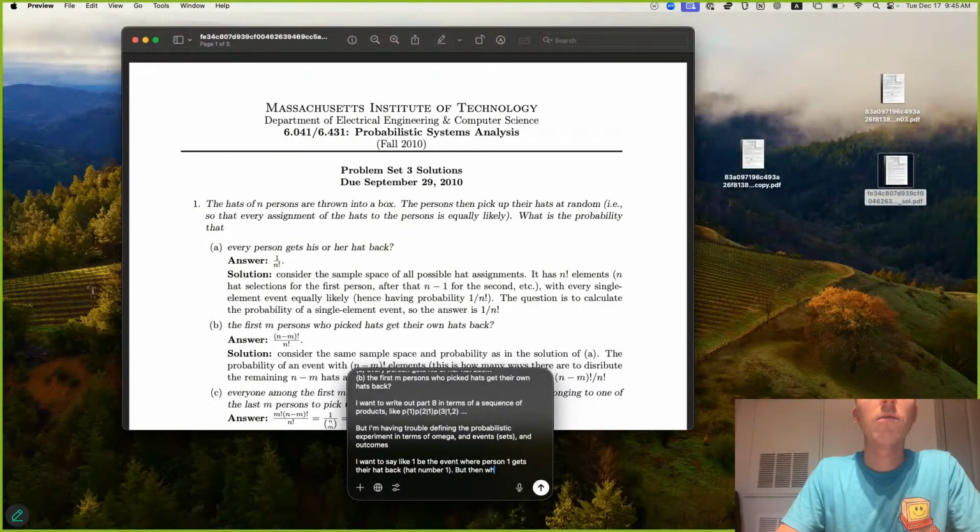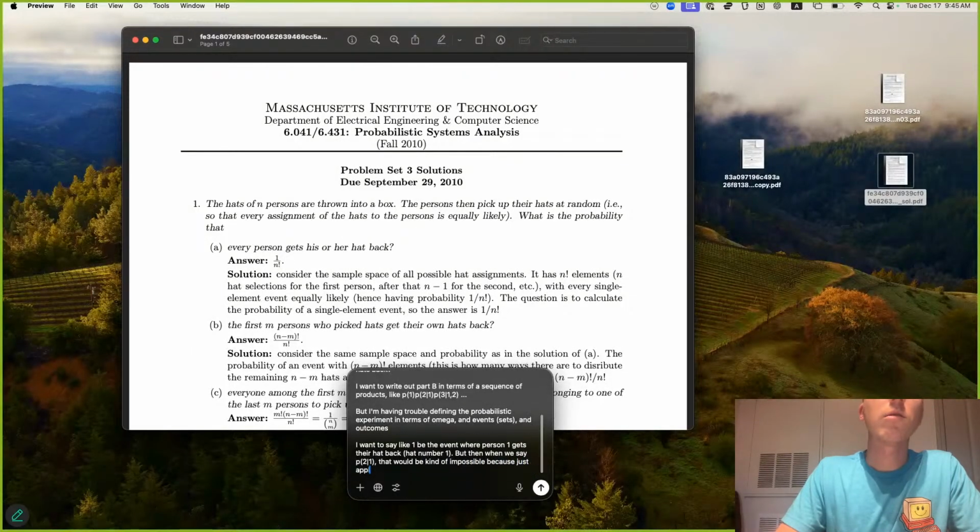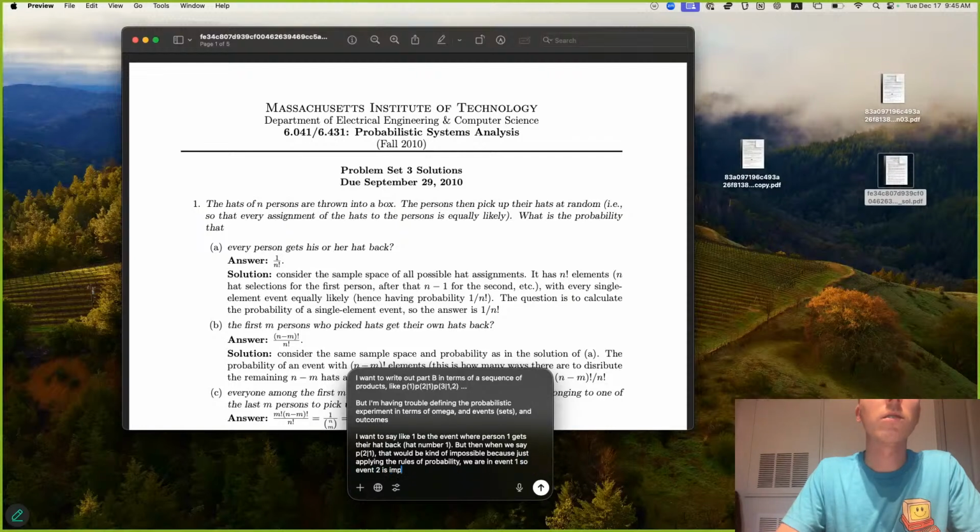But then when we say probability of 2 given 1, that would be impossible, because just applying rules of probability, we are in event 1, so event 2 is impossible.